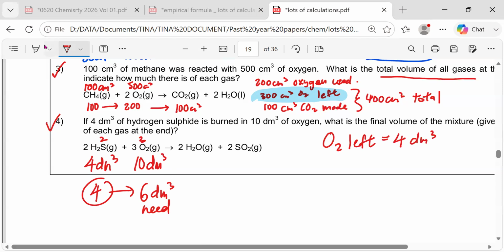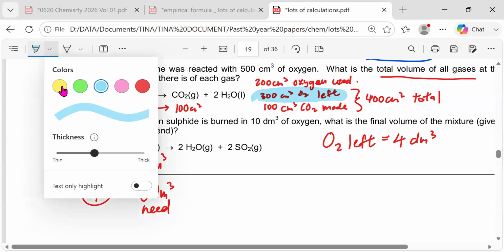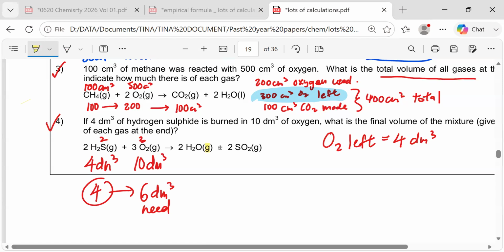Okay. Here is a trick. What's the trick? Gas. This one is a gas. This one is a gas. That's the trick today. Okay, so water is in water vapor. You didn't see it? Okay, so I must open the eyes. So this one, how much is made? 4 is made.